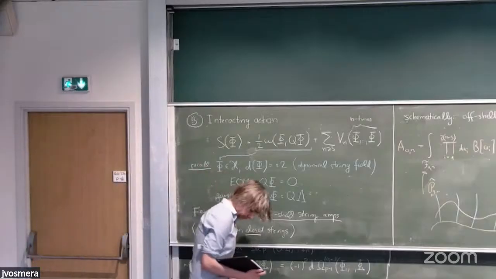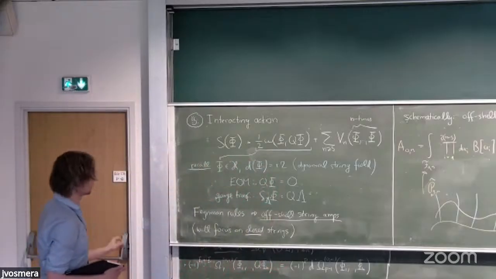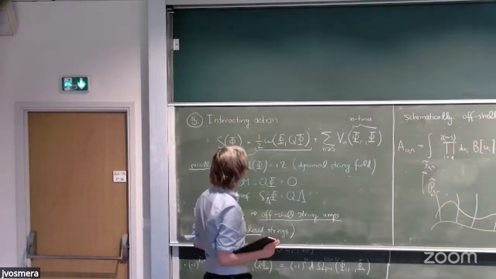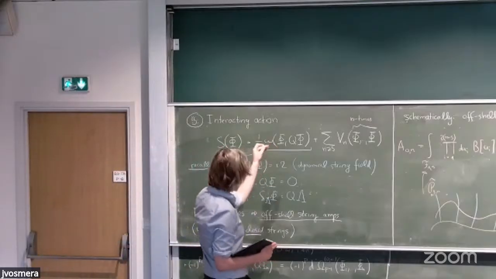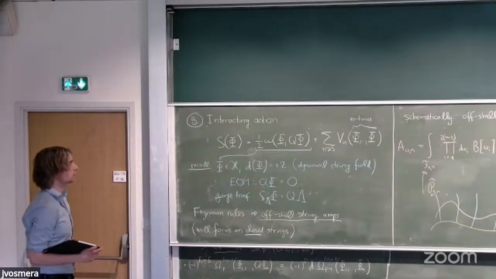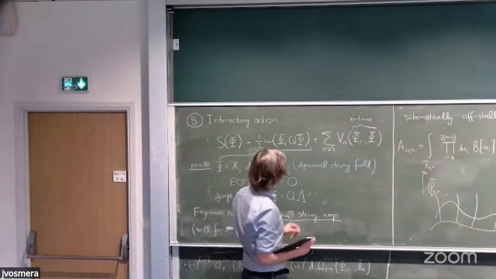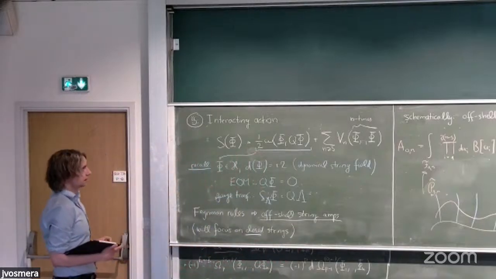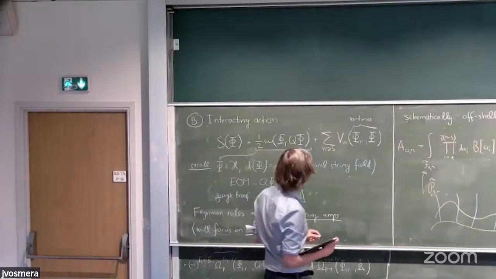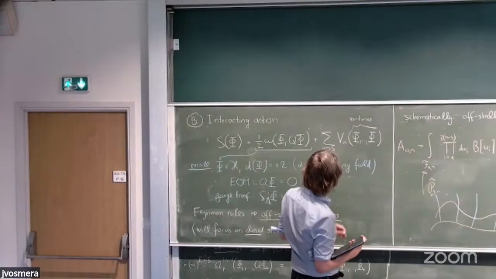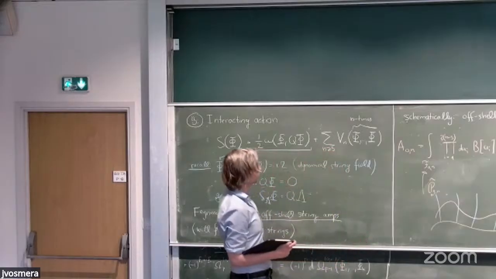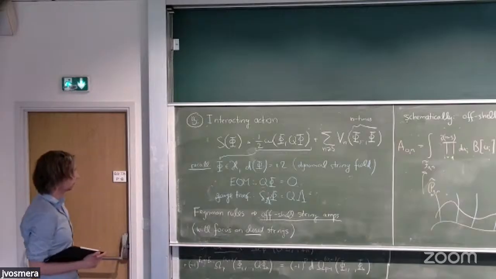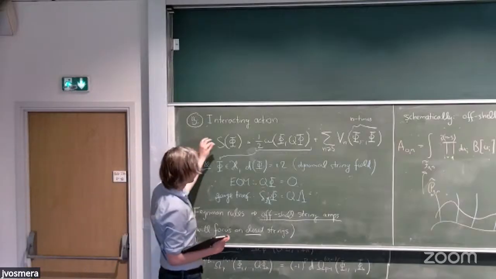So then, given this intro, we will spend the rest of the lecture trying to build these interaction vertices. In particular, I will try and derive some nice algebraic structure which these vertices have to satisfy in order for this action to be consistent.